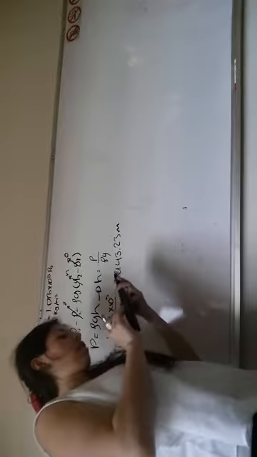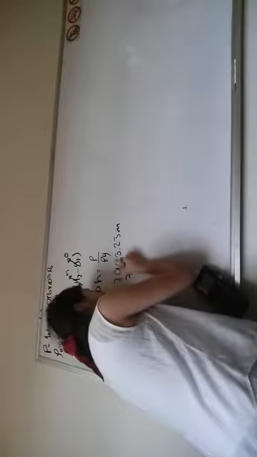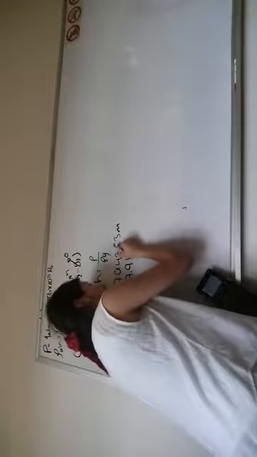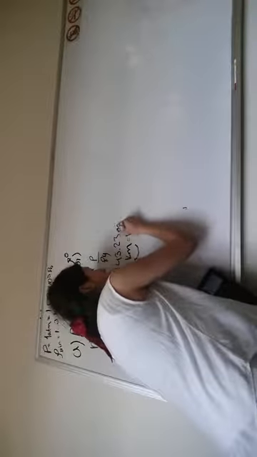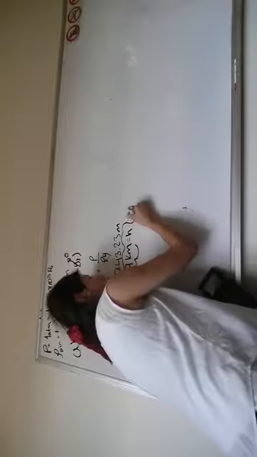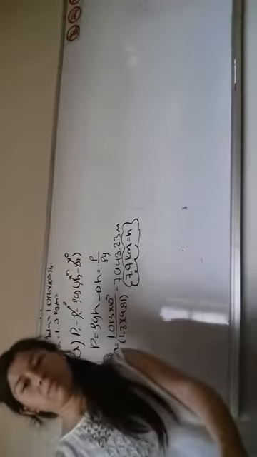If we divide that by 1,000, we have 7.9 kilometers. So the atmosphere will be this high. So that's the first part.